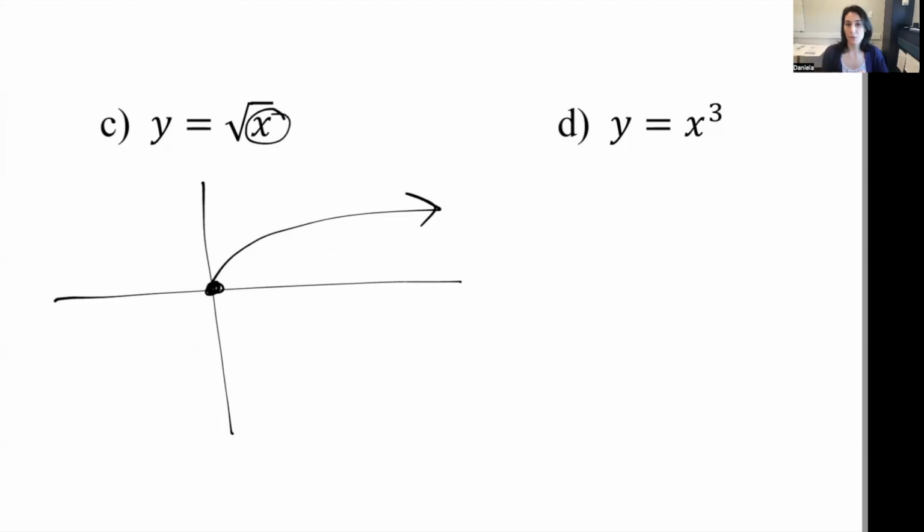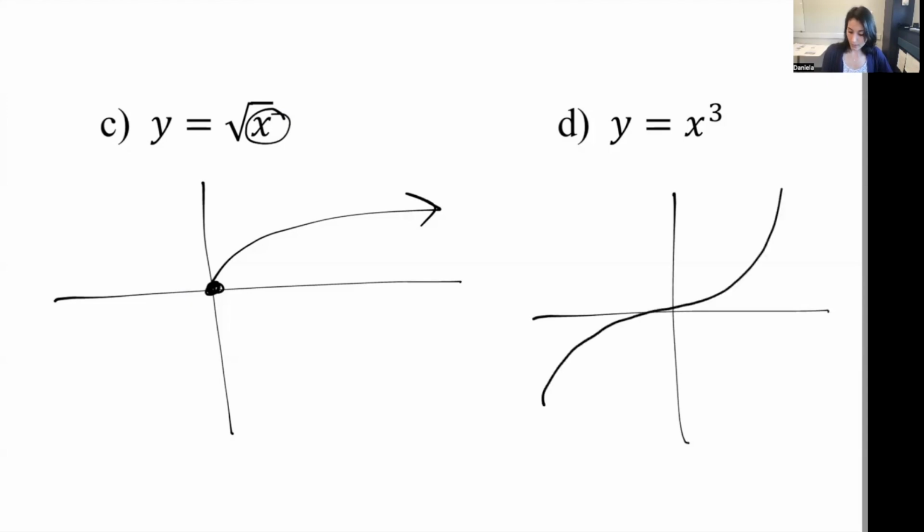Those have to be positive as well, because if you take a square root of a positive number, that is also going to be a positive number. And then last but not least, a cubic function, where the highest exponent or degree is 3, I like to say kind of looks like a sideways S, but upside down. And very similar to the other ones, notice those points are all crossing through the origin.